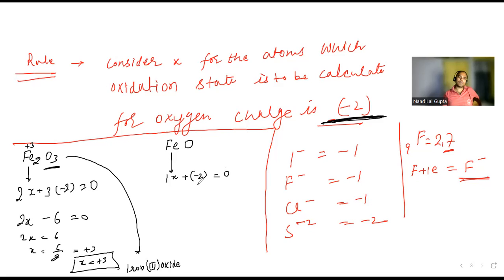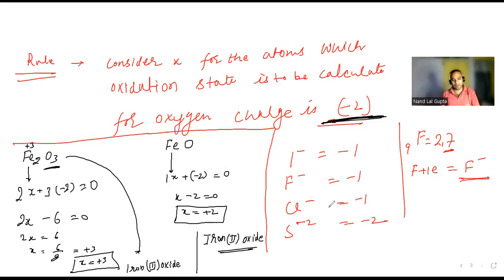Equal to 0. So x plus -2 equals 0. So x is going to be plus 2. If you are writing the name, it is going to be iron(II) oxide. Understood?